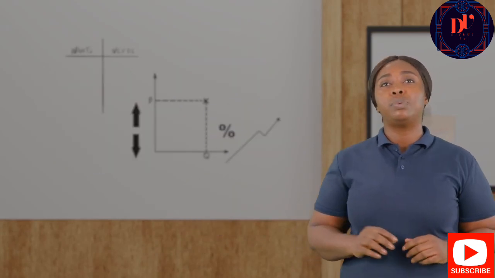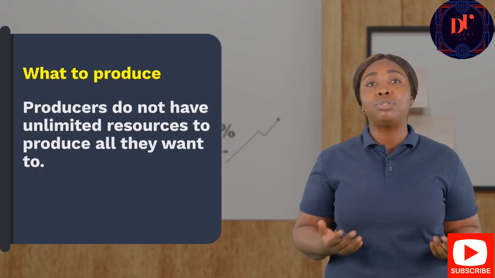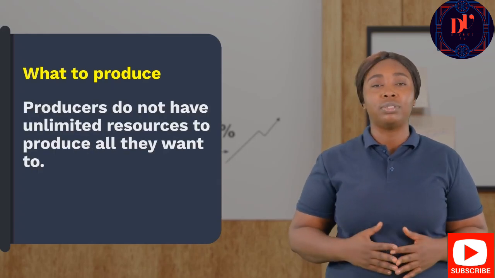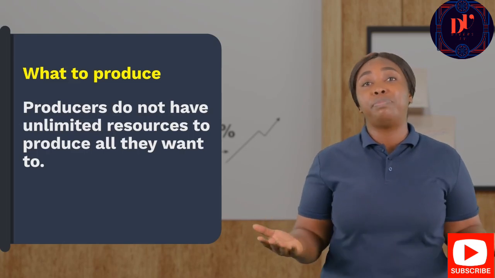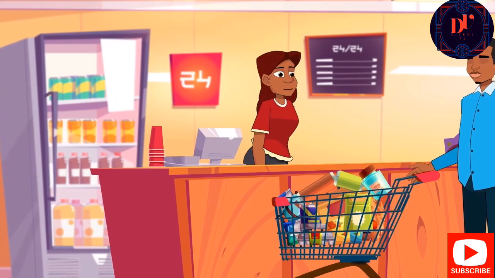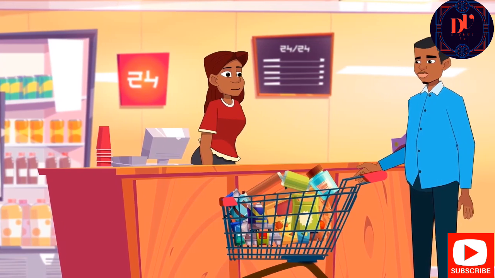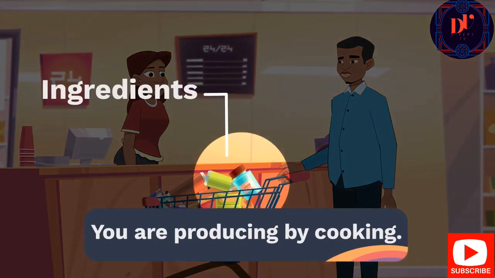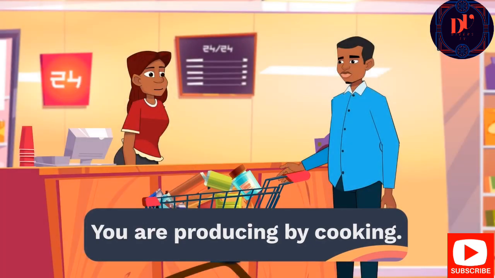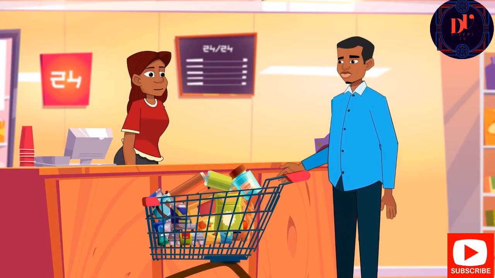The question on what to produce is asked because of the limited resources available for production. And as we know, we cannot satisfy all the wants of people. Now let us imagine you want to cook a delicious meal. For you to do that, you have to buy ingredients to cook. And of course, no one has all the money in the world, so you use the money you have to buy the ingredients.